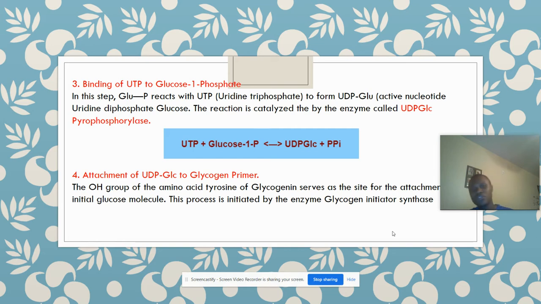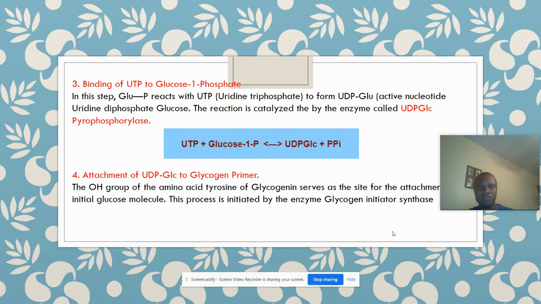This is a very common example of polymerization, as we say in chemistry or science, whereby little molecules attach themselves onto a chain.